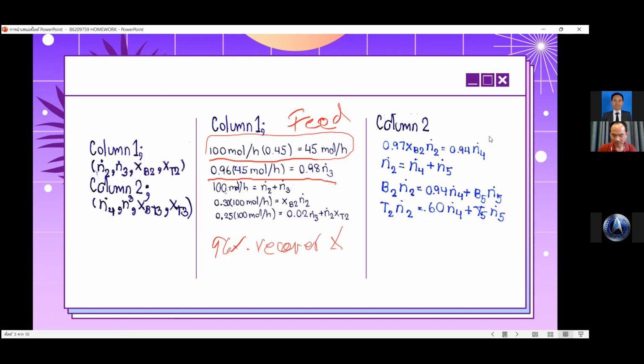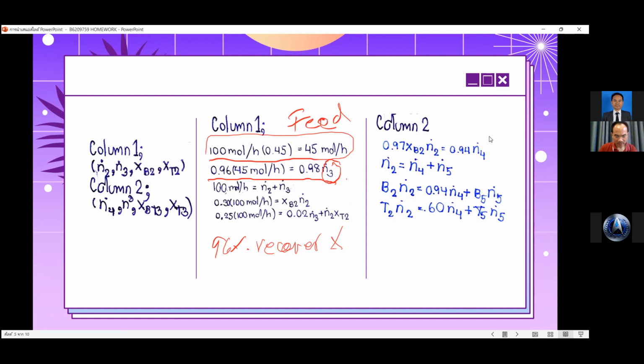Just like the top product of the first column. For this case, you can solve for the entry. The entry is the amount of mass or mole of folate, in terms of folate, of the substance, or the solution in the top product, or the overhead product, of the first column.